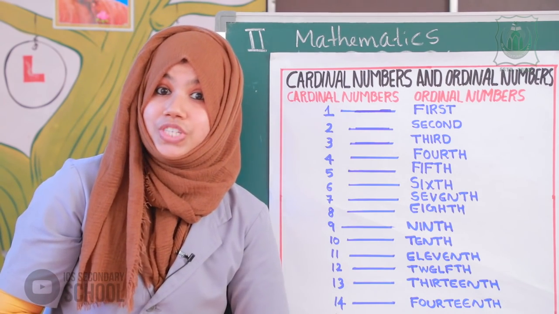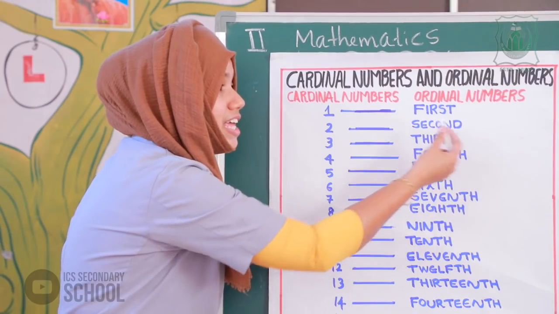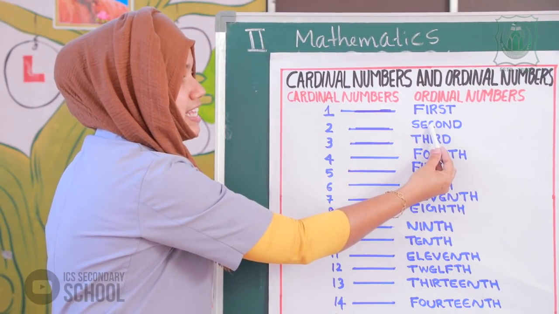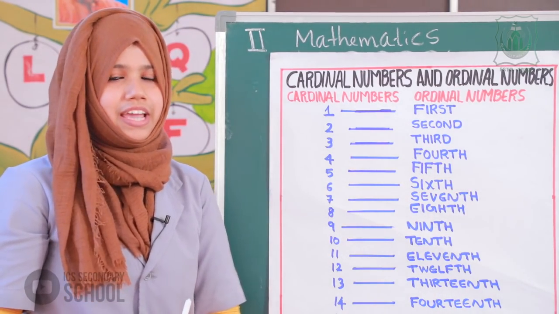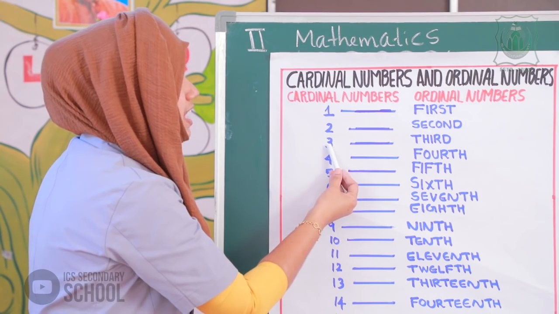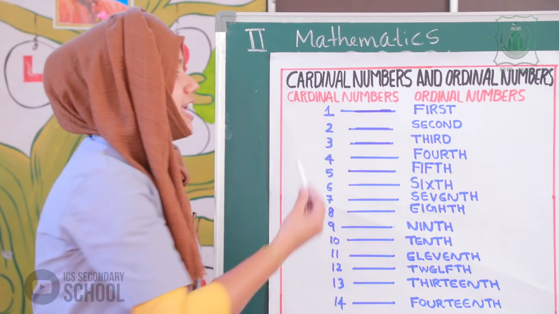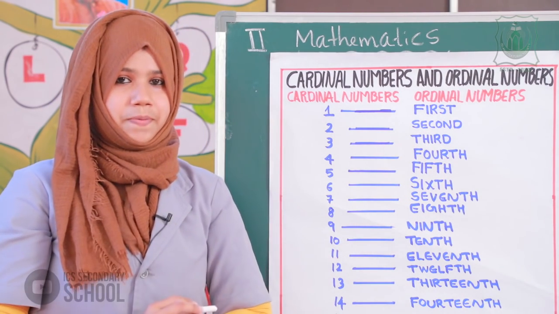In which class do you study? Yes, second. And what is the spelling of second? S-E-C-O-N-D, second. Okay, and 3, the cardinal number is 3 and the ordinal number is third.